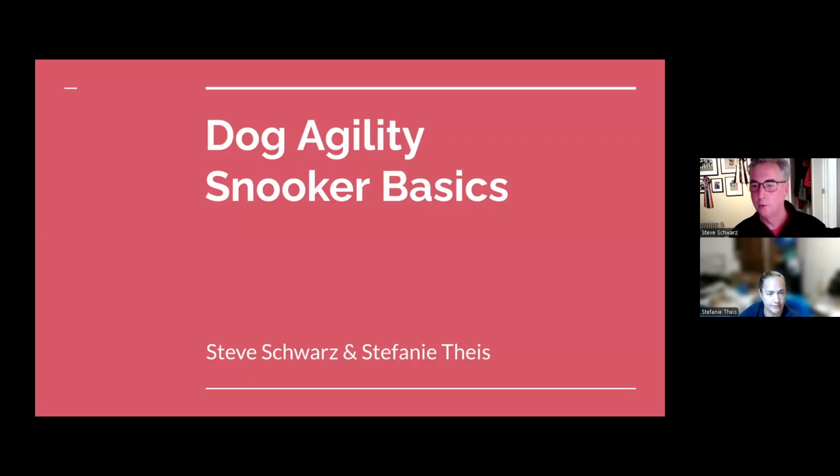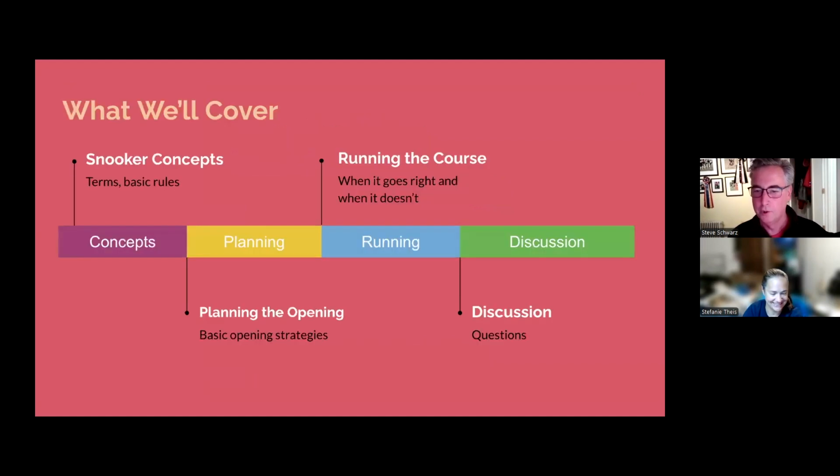Great. Okay, so we're going to focus on dog agility snooker basics. This isn't going to be a master class on how to do it. I want everyone to just feel comfortable when they see snooker that they'll sign up for it and give it a try. There are four big areas we're going to cover. We're going to cover the basic concepts so you know all the lingo, and when you look at a snooker map, you won't be afraid.